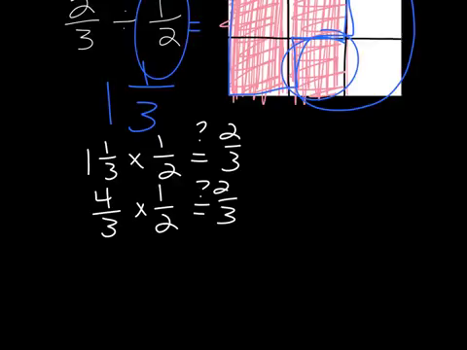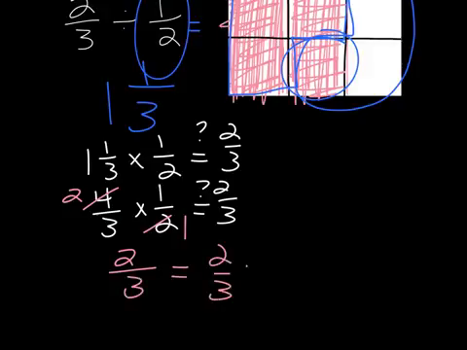So I'm going to reduce again before I go on. 4 divides by 2, and so does 2. So 4 divided by 2 is 2. Reduce there, and that's all that can be done. So 2 times 1 is 2, and then 3 times 1 is 3. So 2/3 equals 2/3. We're correct.